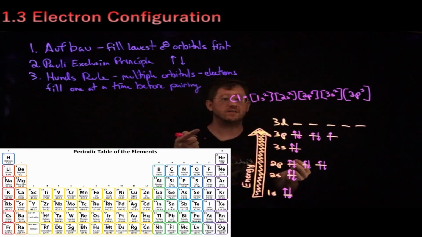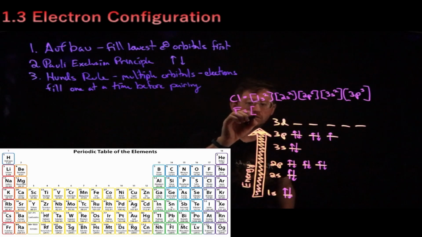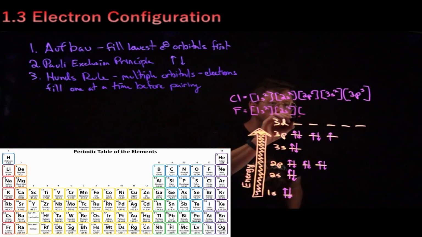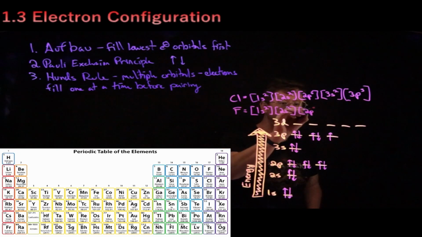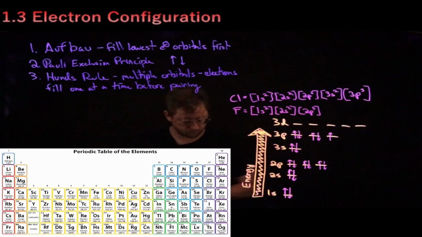If we look at the behavior of chlorine and fluorine, fluorine's electron configuration is a little bit shorter.